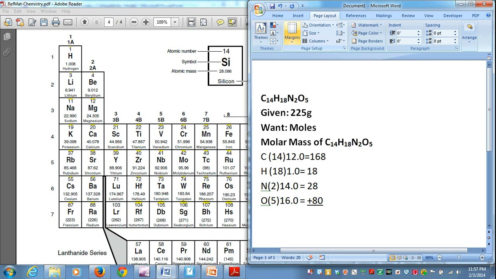It will give us 294 grams per mole of aspartame.